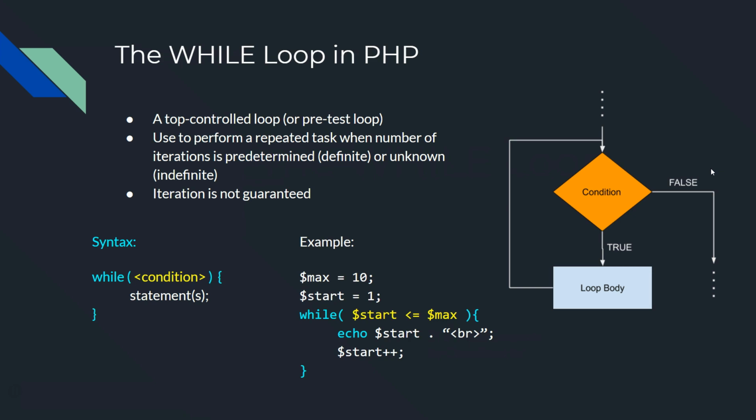You are trying to print the number for the start variable. In each iteration, you increment the start value so that you test start against max. As long as start is less than or equal to max, you keep printing a statement until it's no longer true. So let's go into the code and do some examples of the while loop.